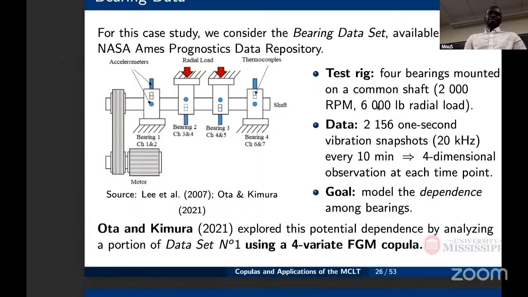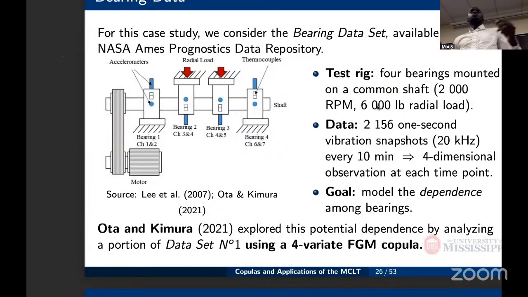Yeah, so this test rig is what we generally have in various devices, even in motors and everywhere. You have a common shaft on which many bearings are rotating.